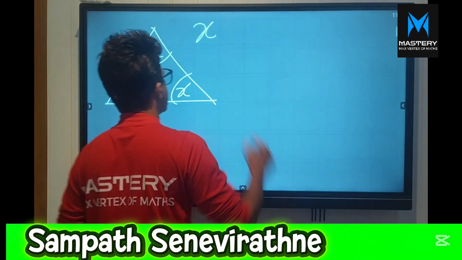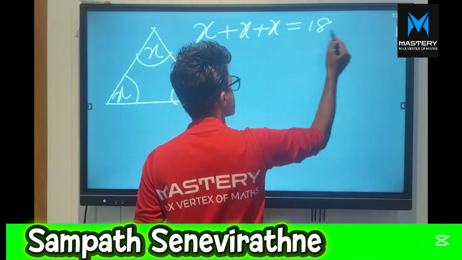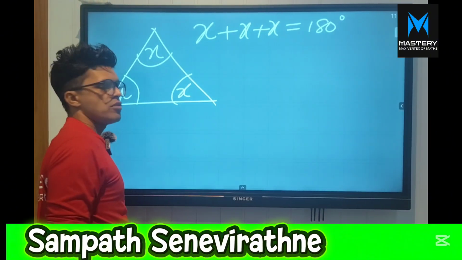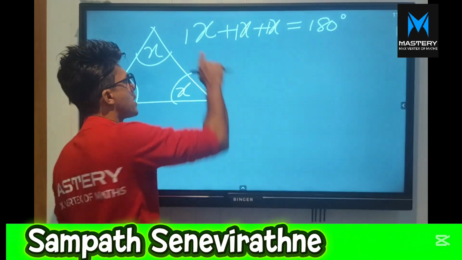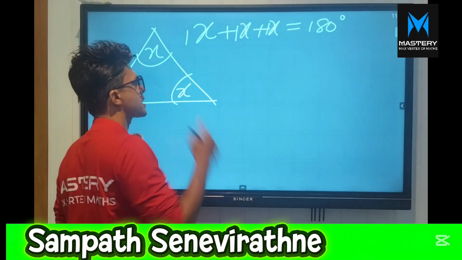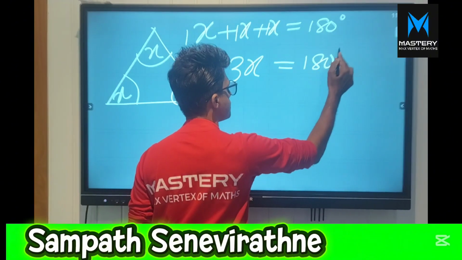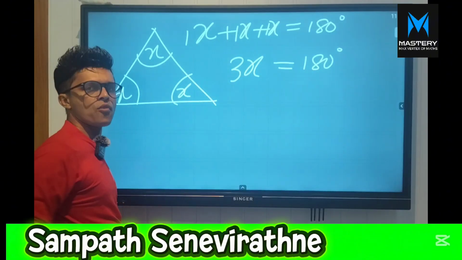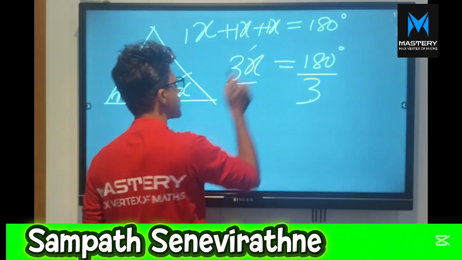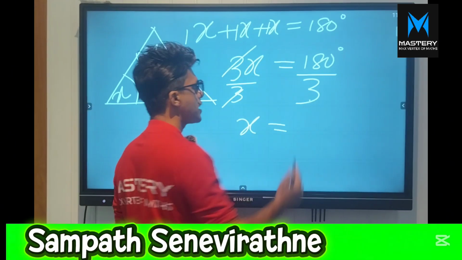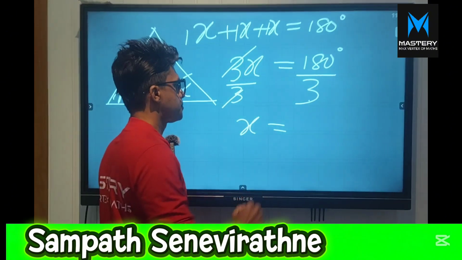So x plus x plus x equals 180 degrees. 1x plus 1x is 2x, and 2x plus x is 3x. 3x equals 180 degrees. Now you could divide both sides by 3, and the 3 and 3 cancel out. Then 180 degrees over 3 is 60 degrees.